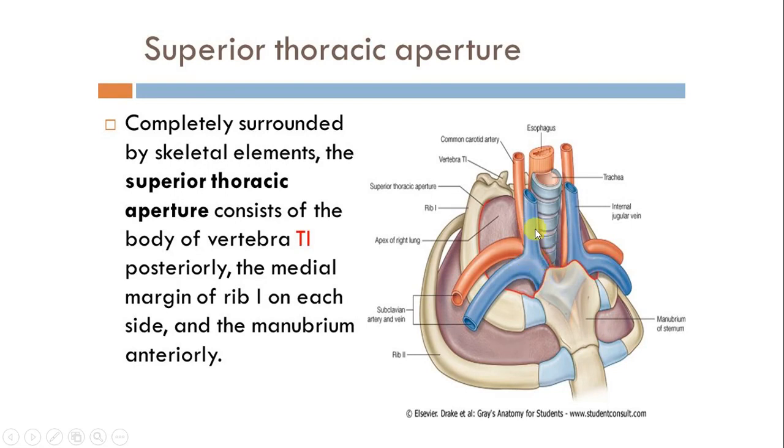Two names have been given to this thoracic aperture: thoracic outlet and thoracic inlet. Thoracic outlet, because the great vessels, the artery to the head and neck region and the artery to the upper limb, come out from the arch of aorta into the neck region and then to the upper limb and head region.